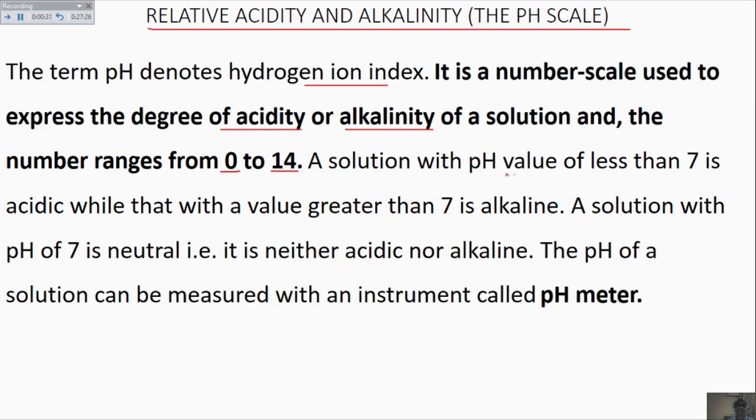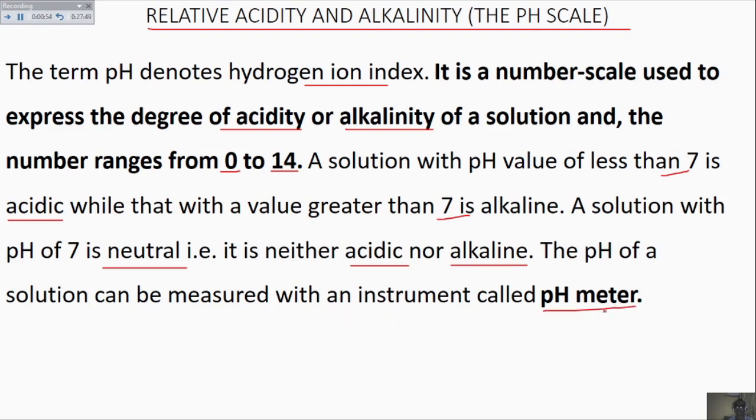A solution with pH value of less than 7 is acidic, while one greater than 7 is alkaline. And a solution with pH of 7 is what we call neutral. It is neither acidic nor alkaline. The pH of a solution can be measured with an instrument called a pH meter.